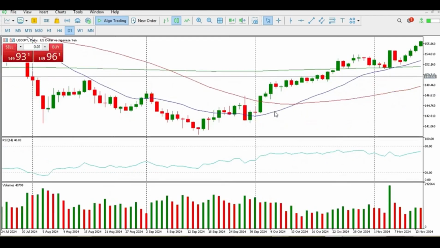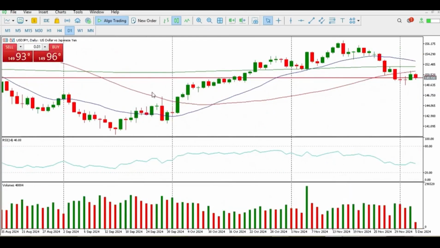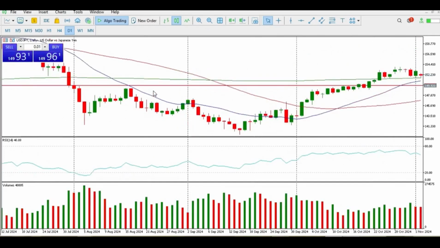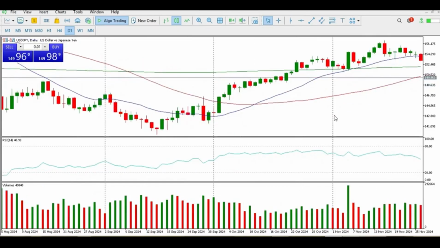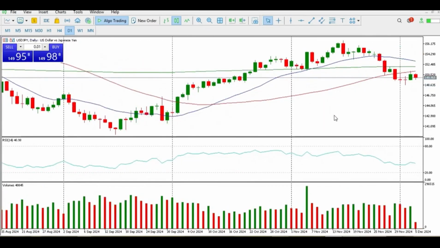So this is how we use the simple moving average. The price, like I said, in the downward trend, will fall beneath the moving average, and that's what is happening. If you look at the price values here, it's falling below the simple moving average. This is what we actually do with the simple moving average.